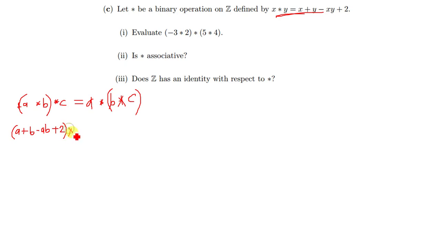Then we say star C, which is equal to... if you're using numbers, instead of using A, B, and C, you can just pick any three numbers. If you find that the answer you get this side is the same answer you get this other side as well, you can say it's associative. But if you get different answers, then there's a problem there, it's not associative.